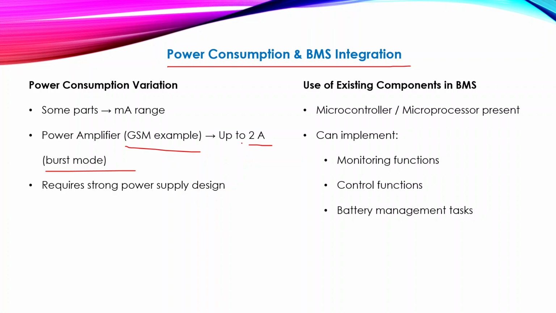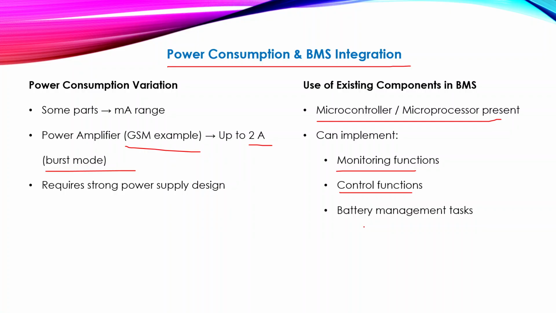This requires a careful power supply design compared to components that draw only milliamps. Since most portable devices already contain a microcontroller or microprocessor, many battery management functions such as monitoring and control can be implemented using the existing system hardware.